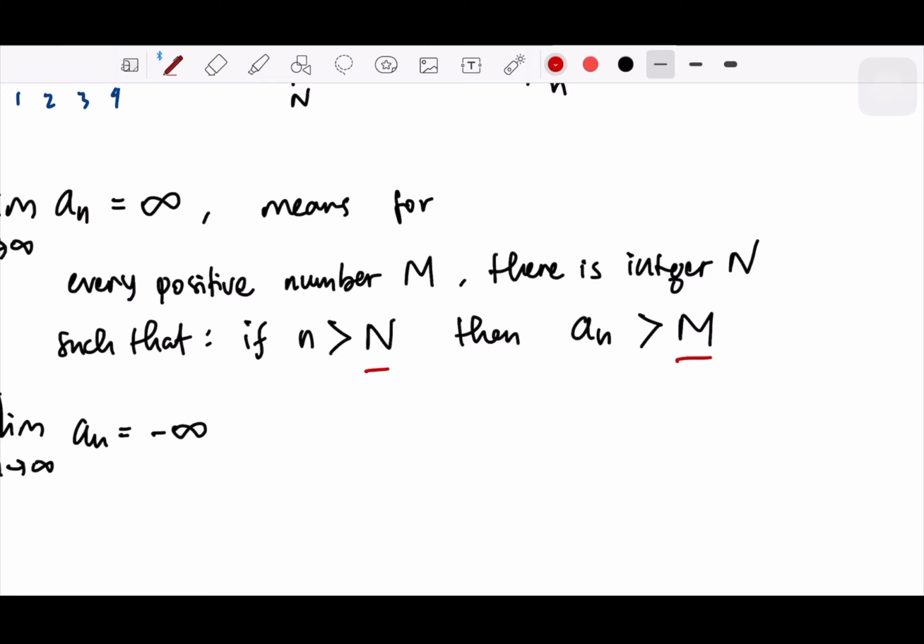Okay, if you see the relations, when you increase the integer, you will have a sequence that is always getting increased. So you can think that the sequence is unbound. Whenever you put in an m, the sequence is always greater, and it seems that it will keep increasing over and over.